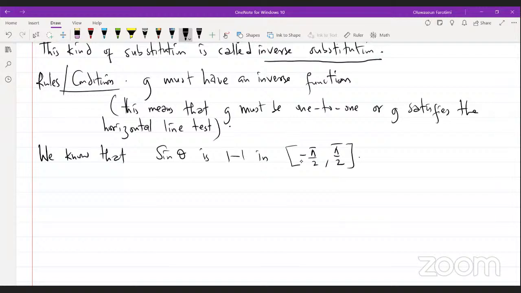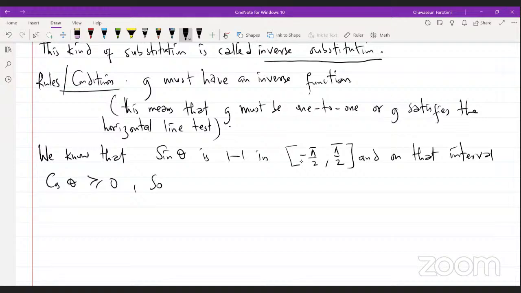And on this interval, -pi/2 to pi/2, cosine of theta is positive, or at least it could be 0.